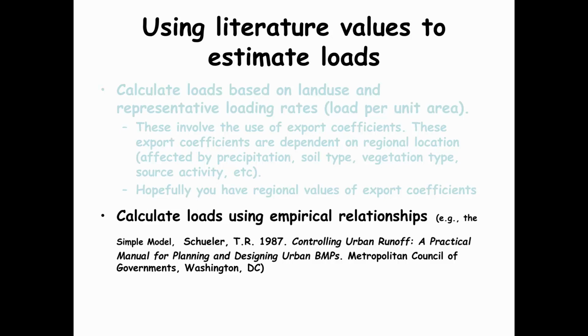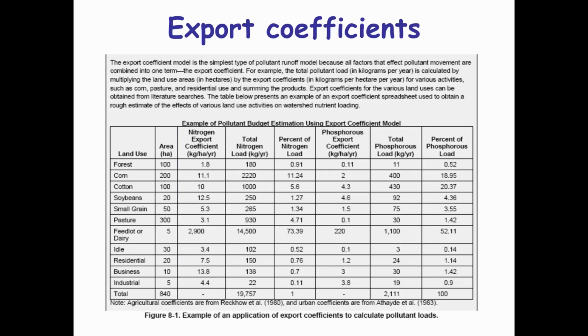And from that, one can then calculate the load that would be coming from that land use type. Reference for this is by Schuler, and complete reference is given here.